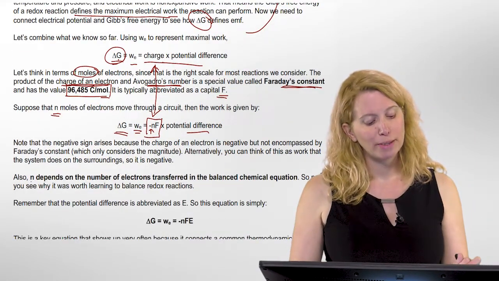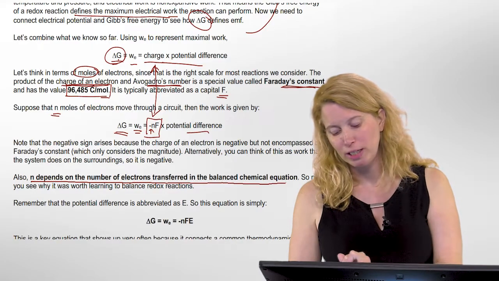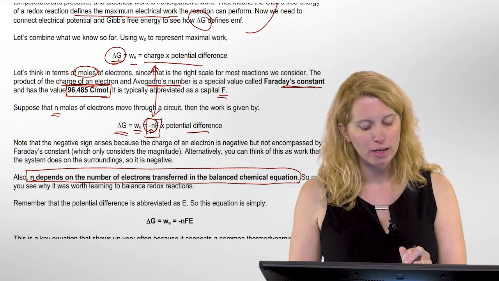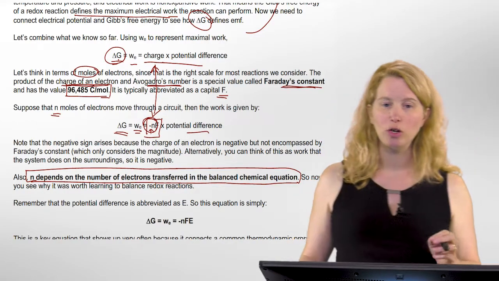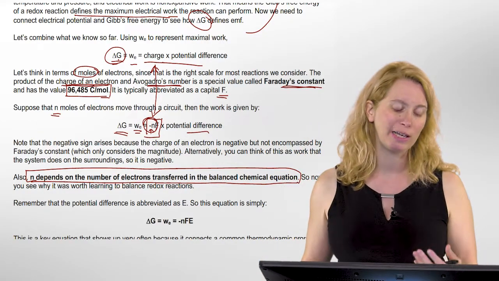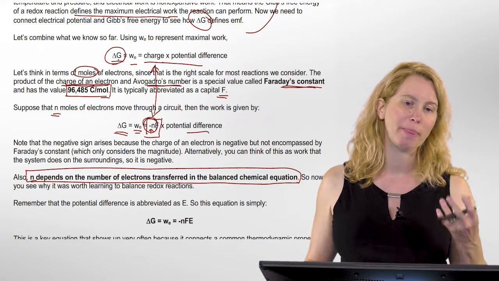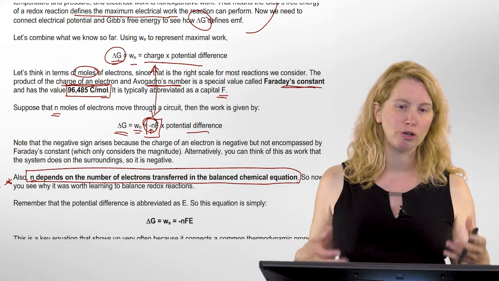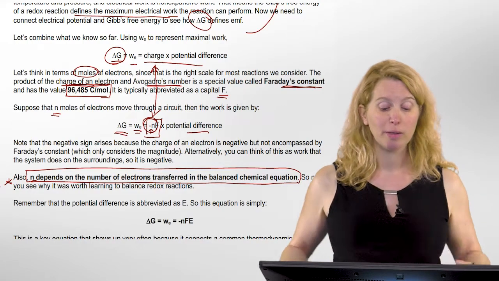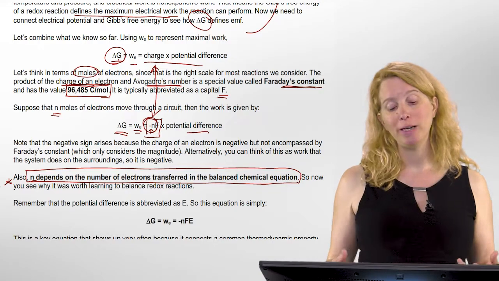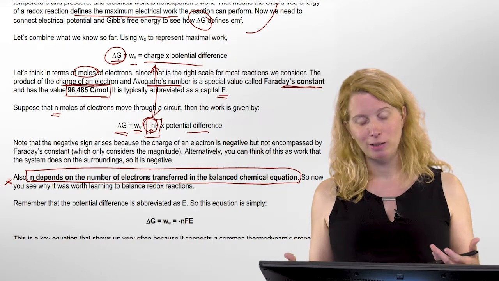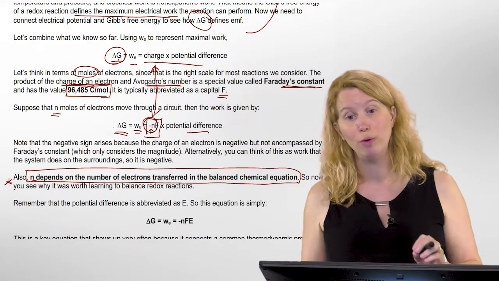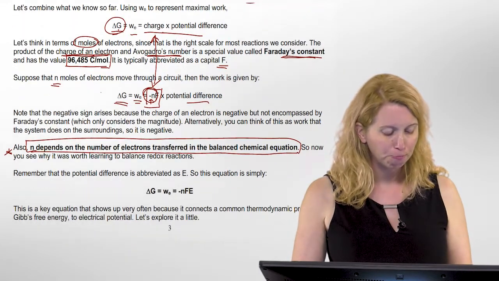Okay, when we start tying this up to particular chemical reactions, you have to remember that n, that little n, corresponds to the number of moles of electrons that are transferred in the chemical reaction. So this is why in the last series of lessons I made you learn how to balance redox reactions, because you have to know how many electrons are transferred in the balanced redox process to be able to calculate how much work you can do with that redox process.